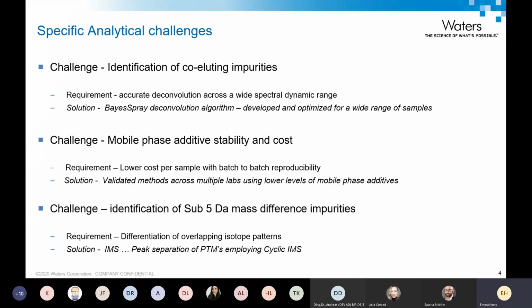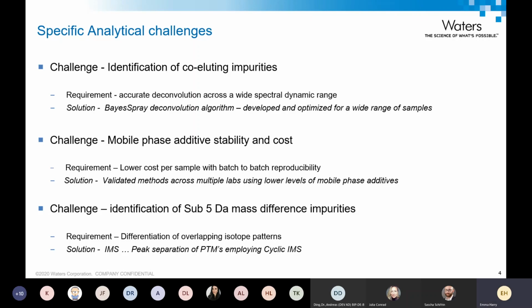And going back to this idea of the co-eluting impurities, we know we need to identify sub-5 Dalton mass differences. The problem we have is that we're having to try and differentiate between overlapping isotope patterns.